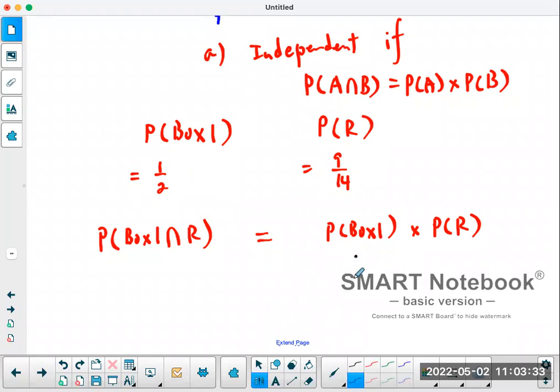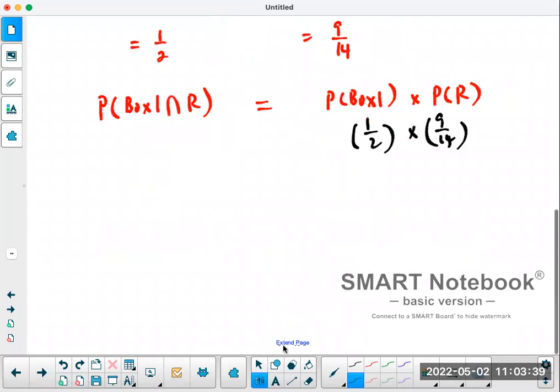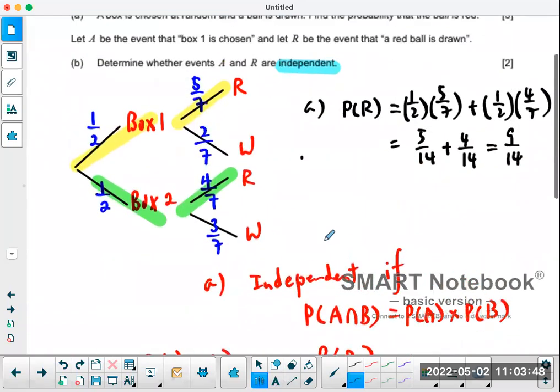Well, we know this is 1 over 2, and that's 9 out of 14. So if you multiply them together, I get 9 out of 28. And that's what's on the right. What's on the left? It's box 1 and red. But box 1 and red is just this little piece.